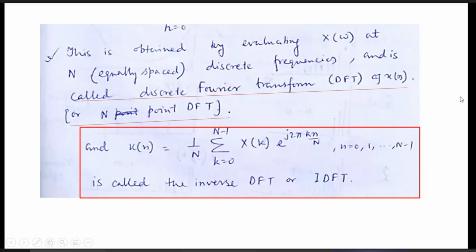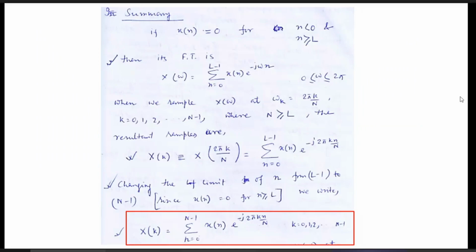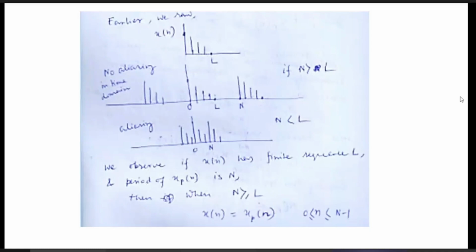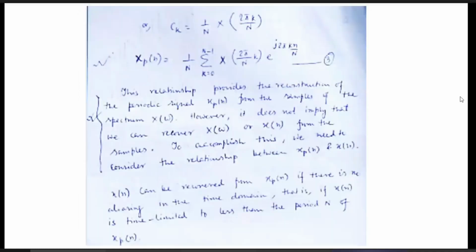This you need to know, and the other details are mathematically explained here, so you can easily understand. Just go through it. It actually comes from the reconstruction of the periodic signal.